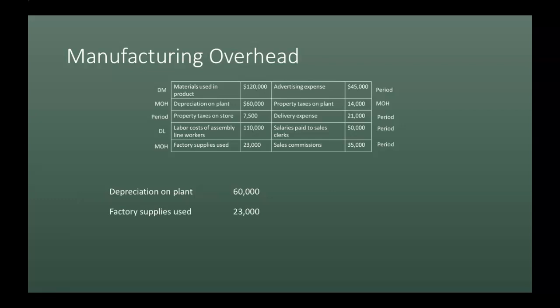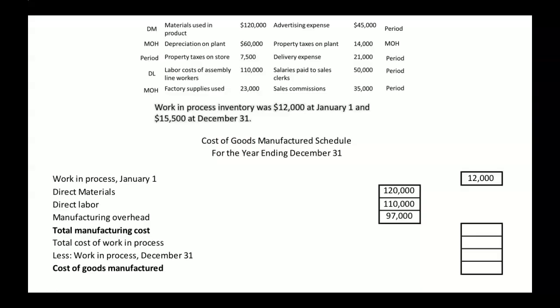Your factory supplies used was 23,000. And your property taxes on the plant was 14,000. You add those together and you get $97,000 for your total manufacturing overhead. So we can come back into our cost of goods manufactured schedule and put in the 97,000 as our manufacturing overhead.